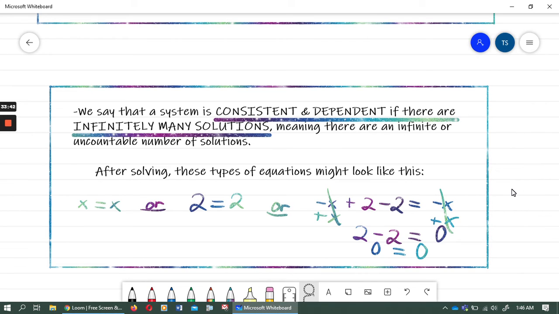What infinitely many solutions means is that there are an infinite number, or in other words, an uncountable number of solutions. Now, that doesn't mean that every single point on the coordinate plane is a solution. That's not what it means. But those particular points that are solutions, there's so many of them that we can't really count them.